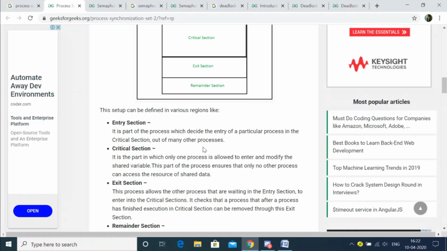If a situation comes, for example, where two processes, P1 and P2, are both saying at the same time that this one should be taken, is it possible that both of them request entry, that both have encountered the entry section? Can that be possible?